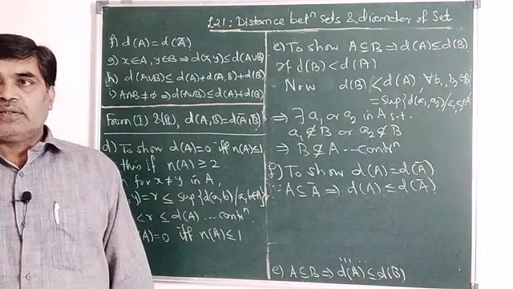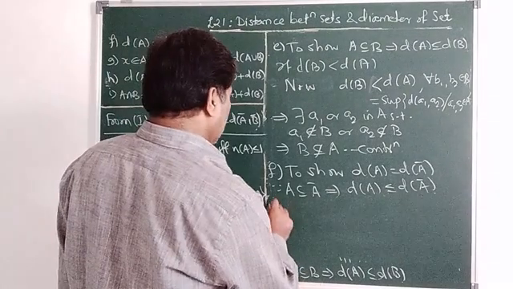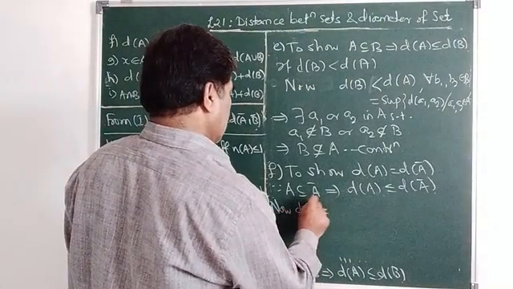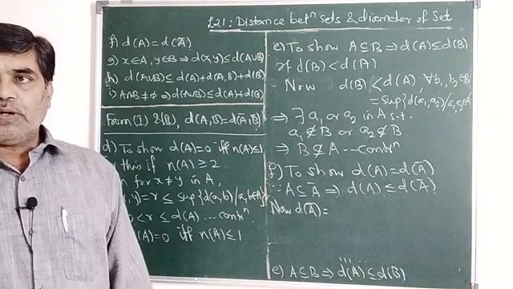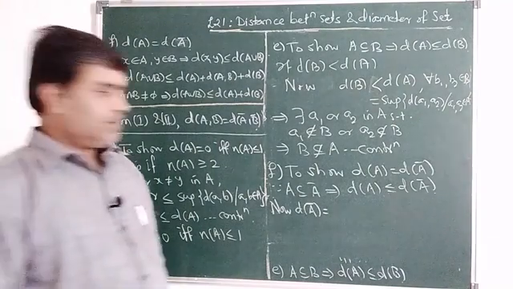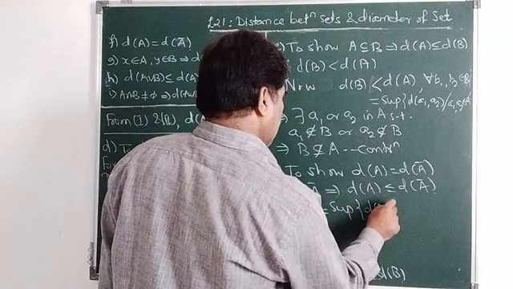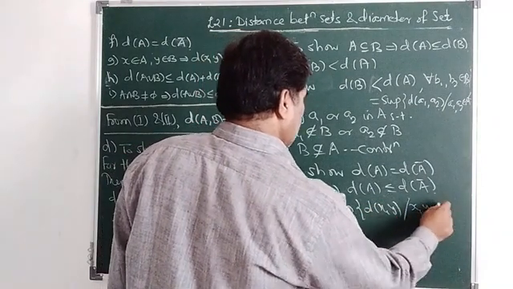Is it right? Now diameter of A closure is equal to the supremum of d(x,y), where x, y belong to A closure.